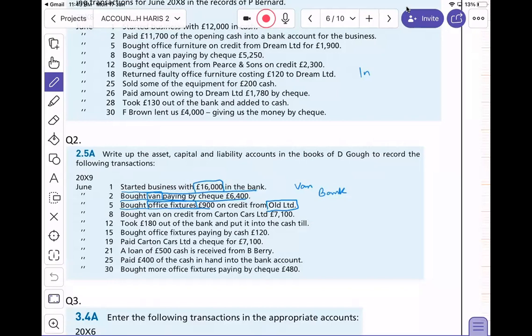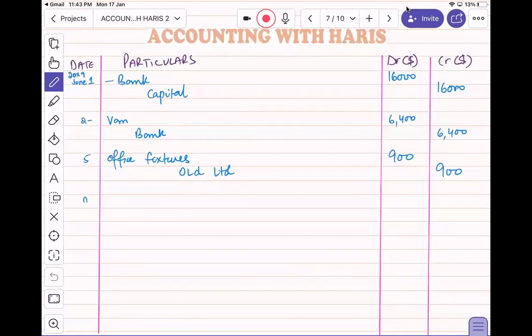Since you bought this van on credit from Carton Cars Limited, Carton Cars Limited is a liability for the business. So Carton Cars would get credited because the increase in liability gets credited. So van 7,100 and Carton Cars Limited also 7,100.